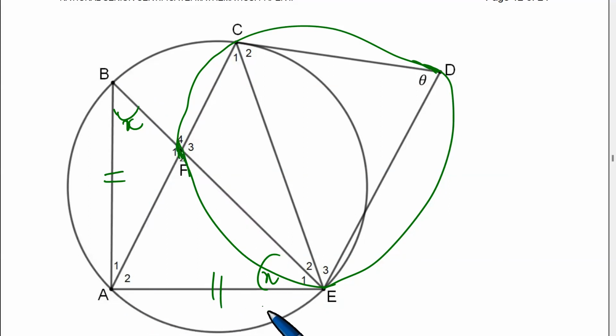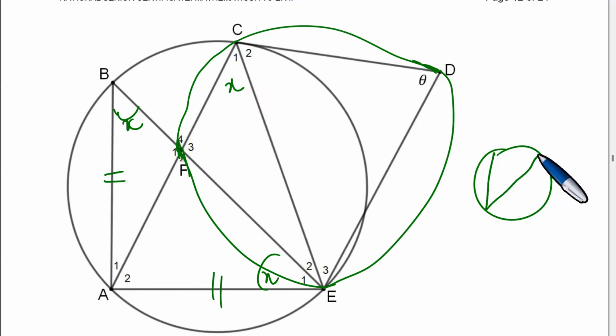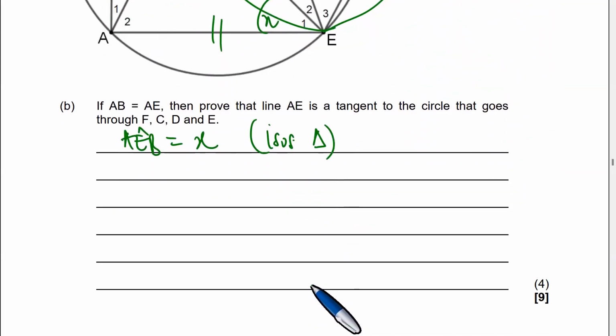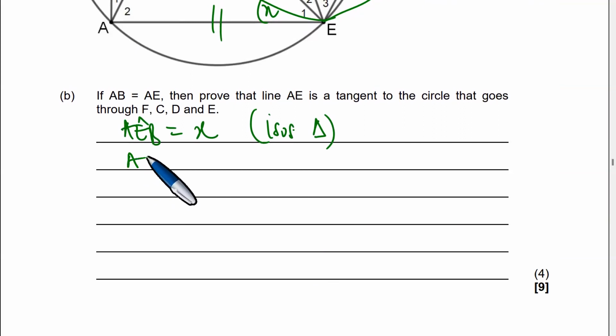If you look at ACE now, ACE must also be X, because angles in the same segment. This one must be equal to this one. So we have that angle ACE is X. Why?